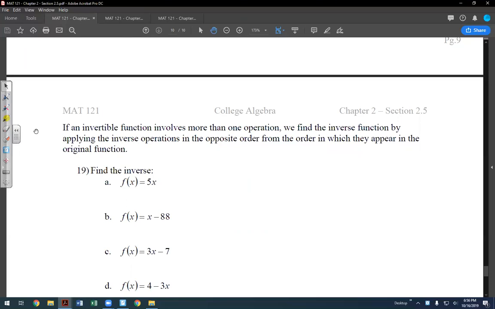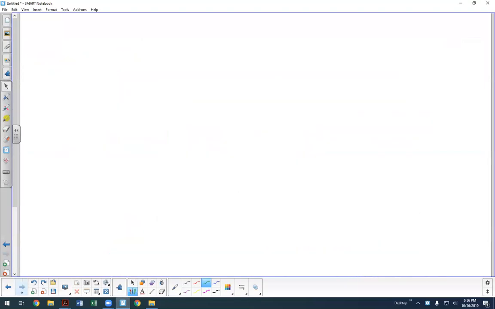So use the inverse operation in the opposite order than the order that's given to you in the original function. So let's take a look at this list here. And since it's not letting me write on the PDF itself, we're gonna have to use the notebook for this part.